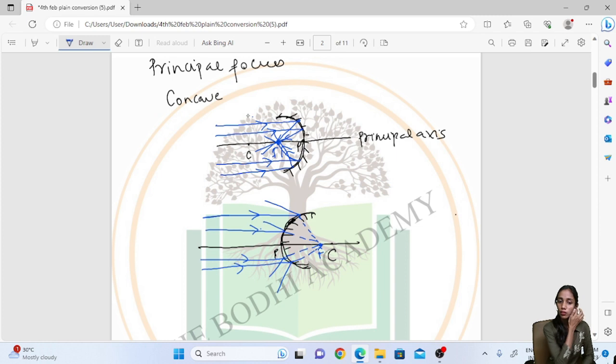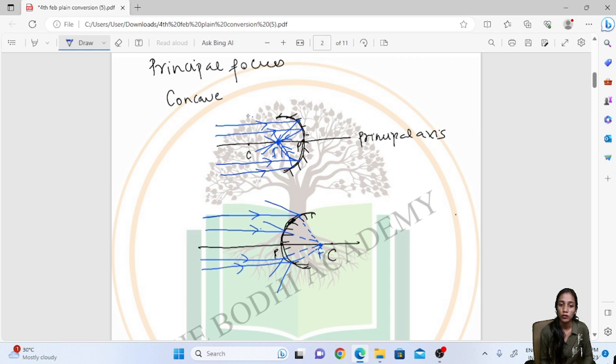Now, what is the difference in both the mirrors? First of all, the reflecting surface of the concave mirror is the inner part, and the reflecting surface of the convex mirror is the outer part. Now what happens to the principal focus? The light rays incident on the concave mirror converge and meet at a single point.